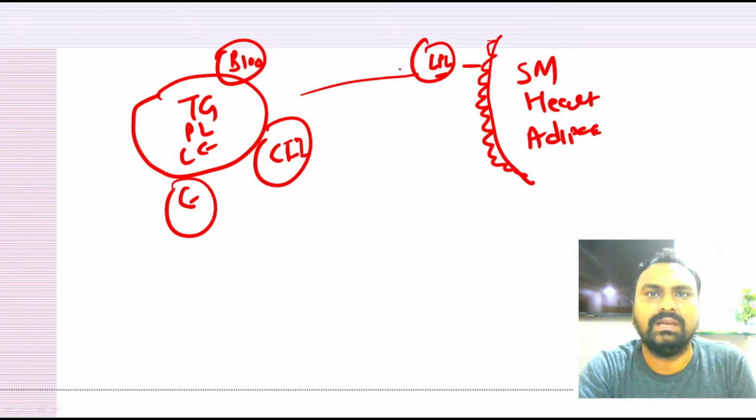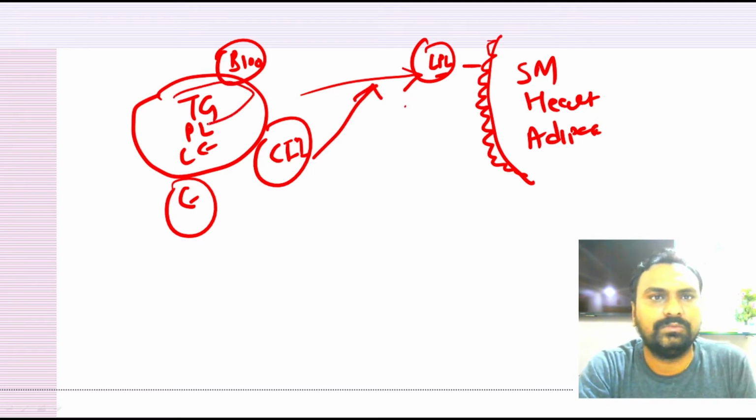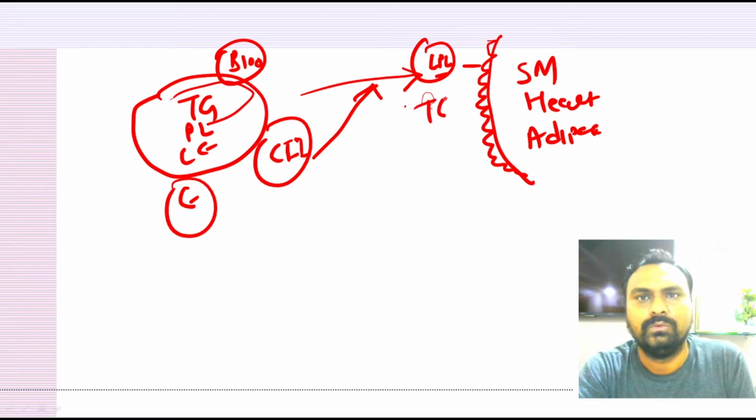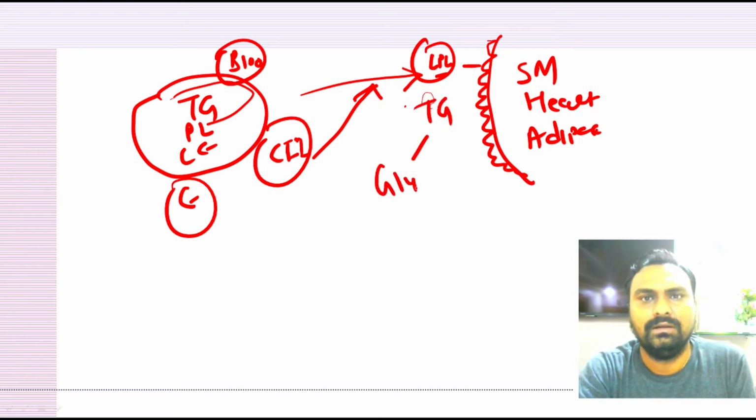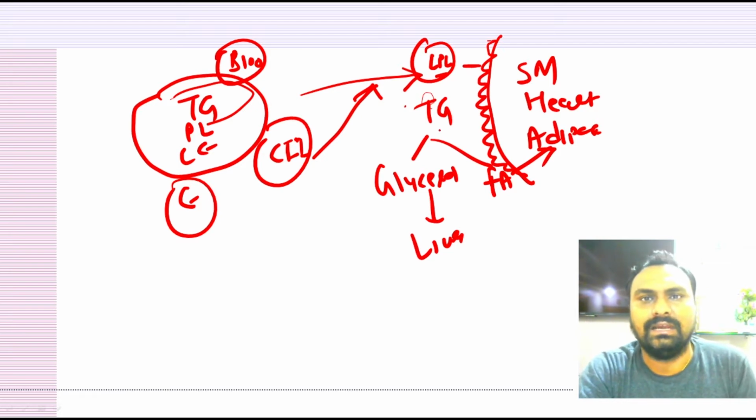Now this lipoprotein lipase is activated by ApoC2 and it will convert the triglyceride of the VLDL to glycerol and fatty acid. This fatty acid is utilized while glycerol will go to the liver.